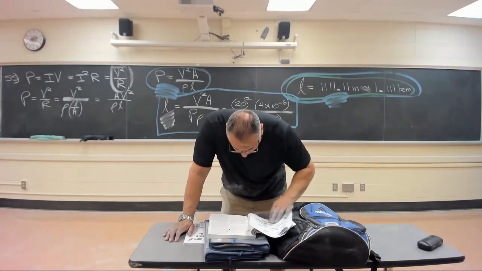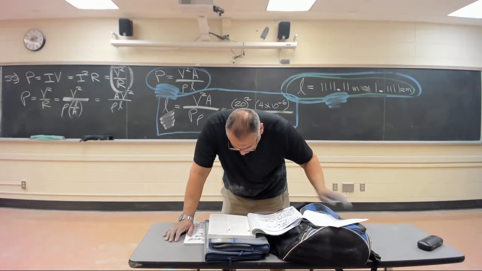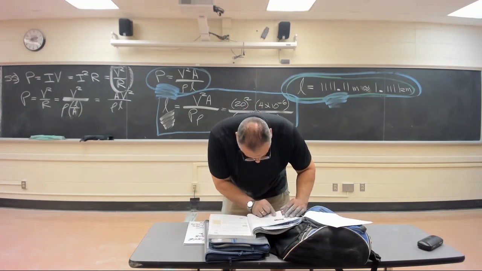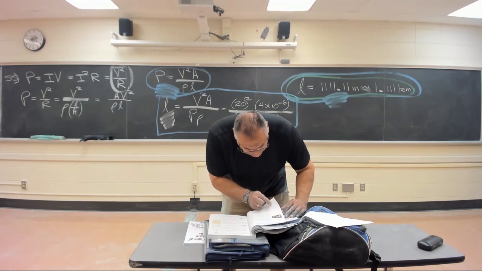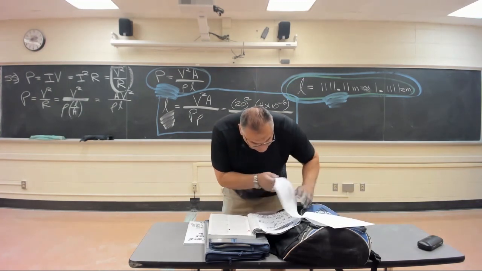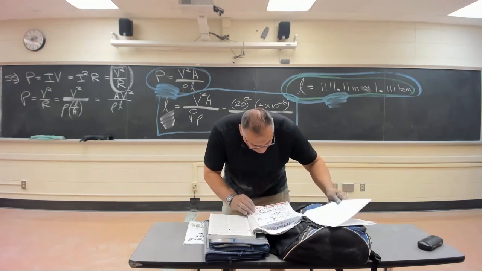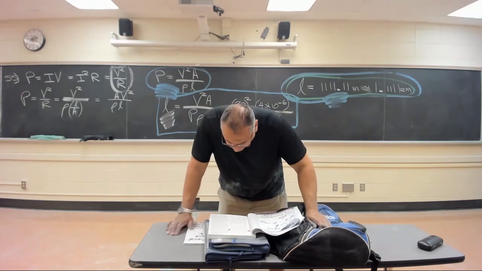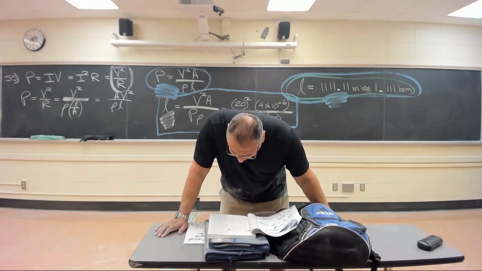Let's go to 63. All right, guys, pretty straightforward, pretty easy on this one. For number 63, a length of metal wire has a radius of 5.00 times 10 to the negative 3 meters and a resistance of 0.100 ohms.